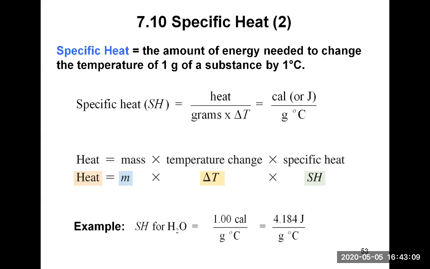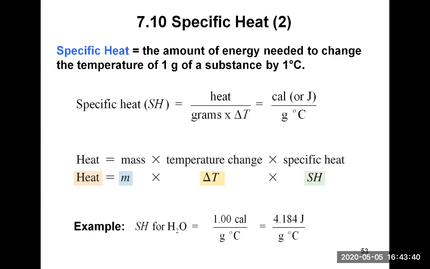So that's why the specific heat of water, due to the definition of calorie, is 1 calorie per gram and per degree Celsius. The metric system established the unit of calorie, and so this is why it's exactly 1 for water. However, in units of joule, the specific heat of water becomes 4.184 joules per gram and per degree Celsius.